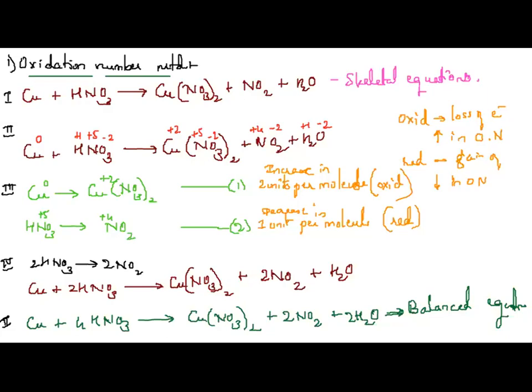So we can take one more example. See, if you understand this better, it becomes easy. So we'll consider one more example, balancing by the oxidation number method. I'll take the example and we'll discuss it stepwise, one by one. Fine.